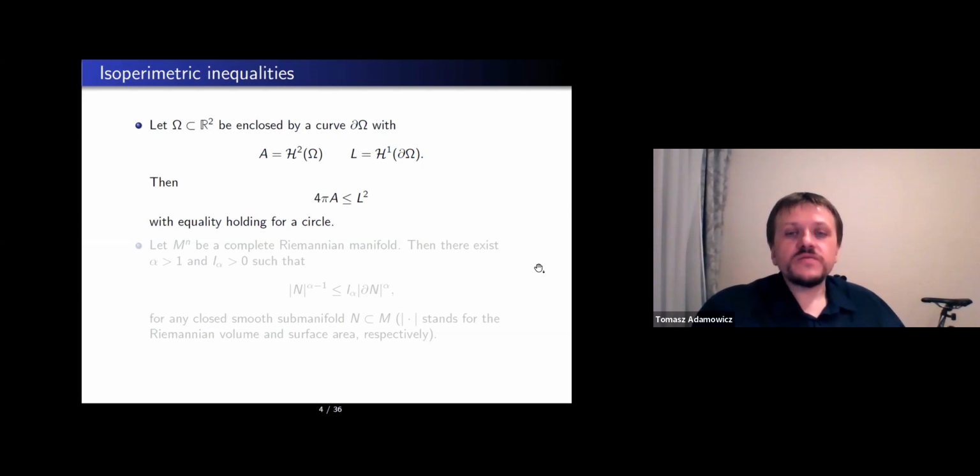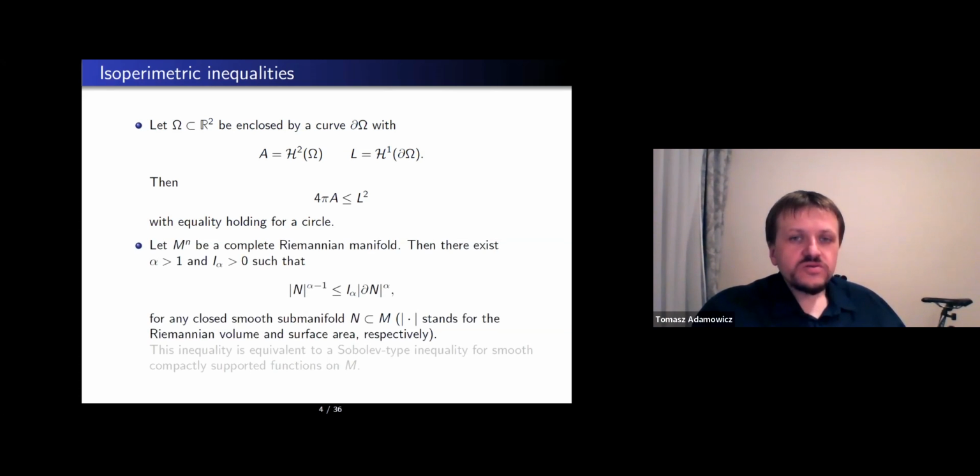There are a number of approaches to isoperimetric inequalities, and one of them is on Riemannian manifold. So let M be a complete Riemannian manifold.